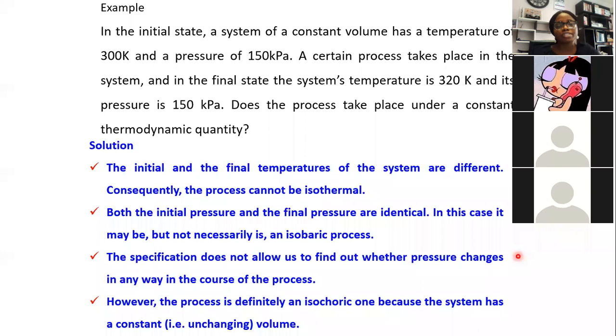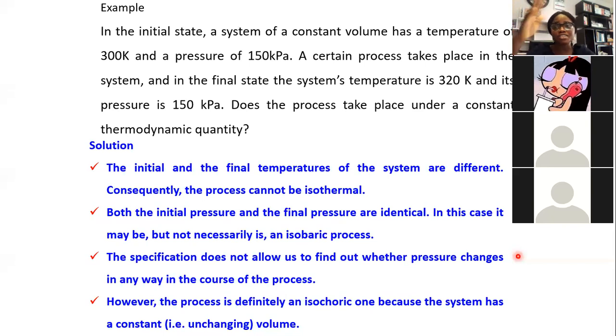All right, so solution. The initial and the final temperatures of the system are different. Consequently, the process cannot be isothermal. Now, the initial pressure and the final pressure are identical. In this case, it may be an isobaric process, but not necessarily, because some other changes might have happened at some point.